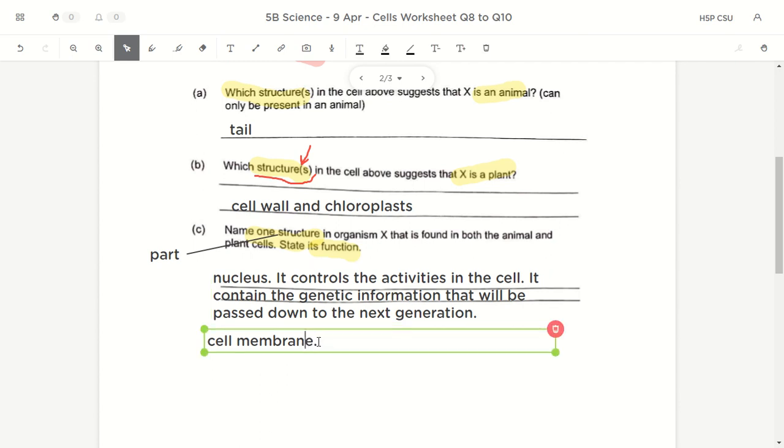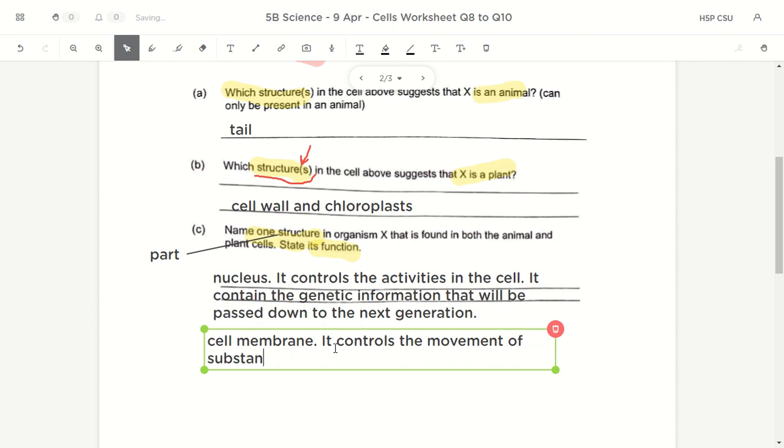So if your answer is cell membrane, because they're asking for one, but actually there's two, the function of cell membrane is it controls the movement of substances in and out of the cell.